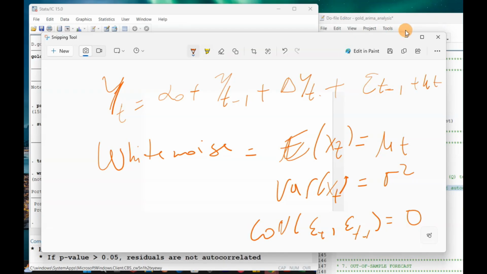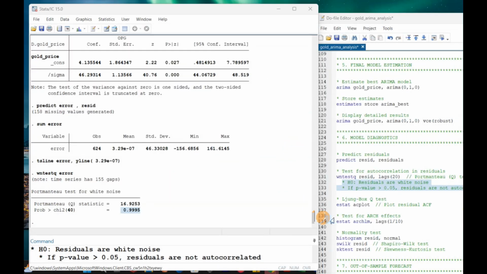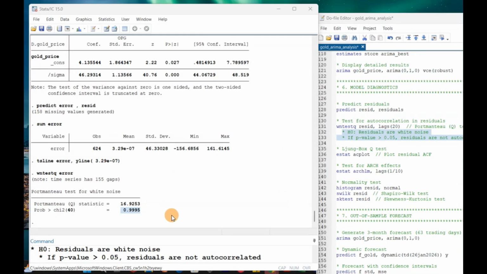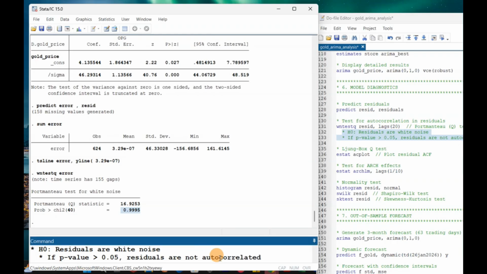How are we going to count the days? How many weeks are in 3 months? 12 weeks, 12 times 5 is 60.